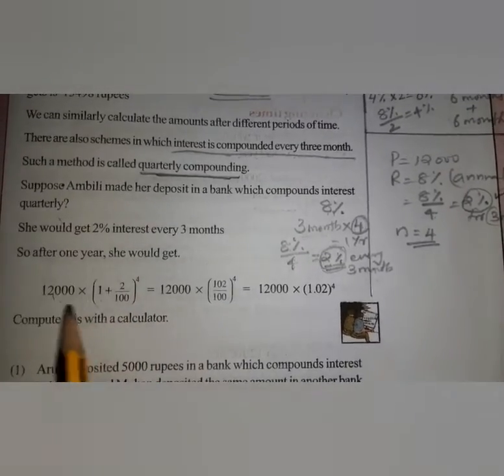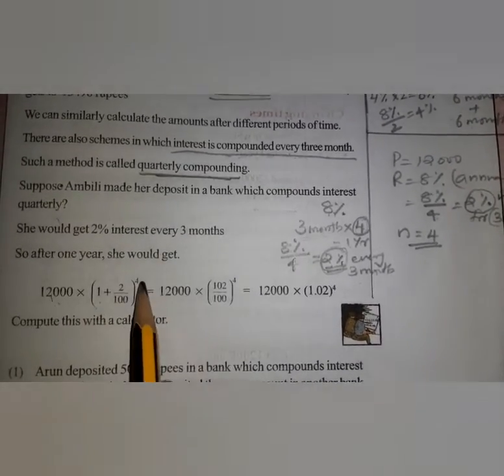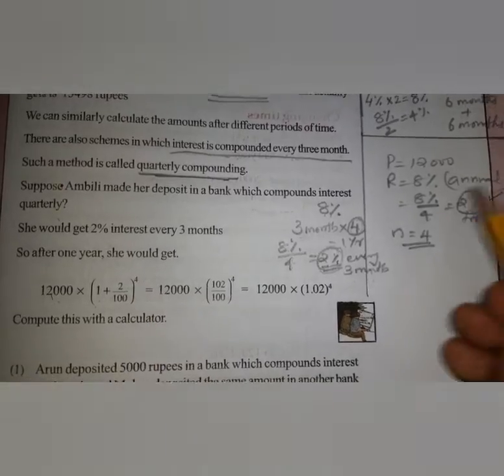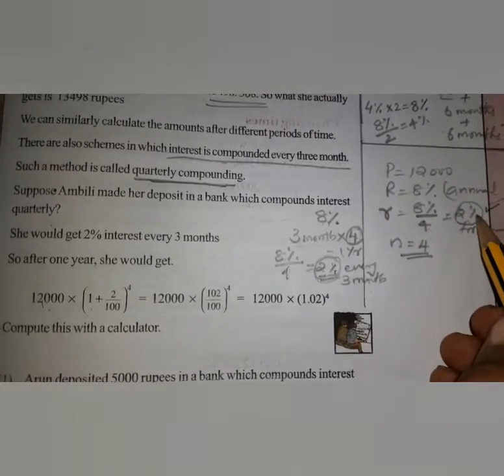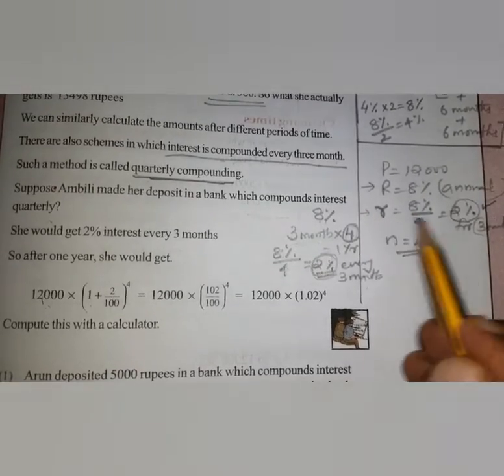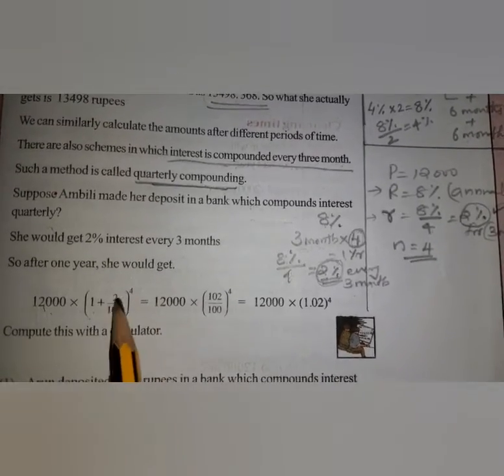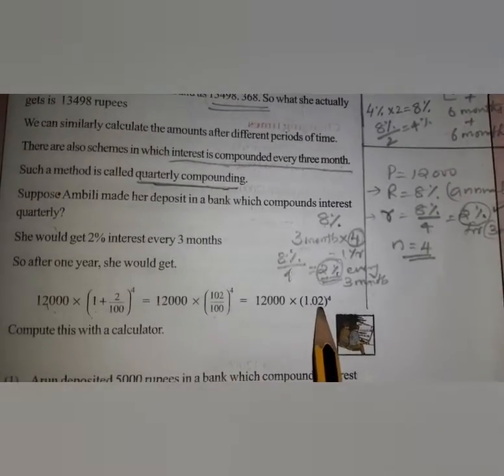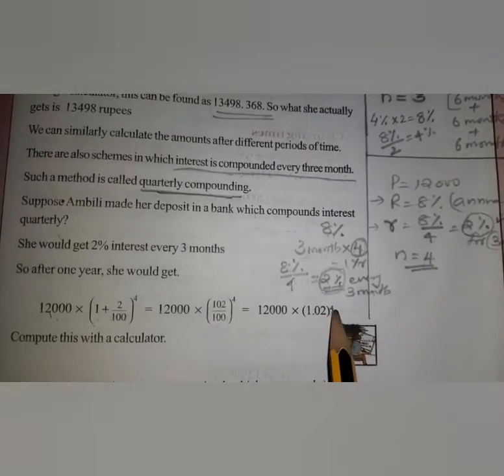So P into 1 plus R by 100 raised to N. The annual interest is 8%, but the rate of interest for every 3 months is 2%. So R by 100 is 2 by 100, and the number of times is 4. 1 plus 2 by 100 is 102 by 100, which is 1.02, raised to 4.